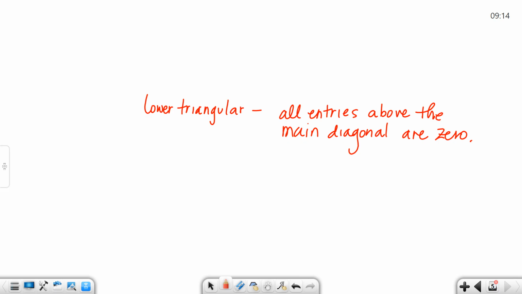Now, I think these are hard to remember because your name of it is lower, but in the definition, it talks about above, okay? So first of all, triangular matrices must be square, and so it talks about that as a square matrix. And this is on page 79 in your textbook. But an example of a lower triangular matrix is this.